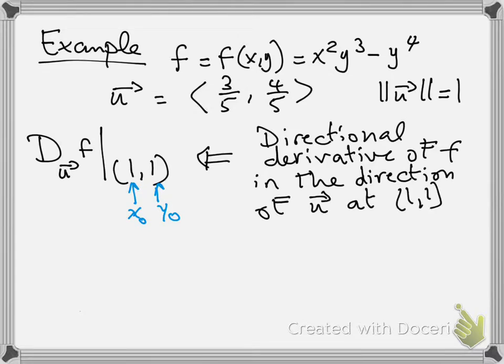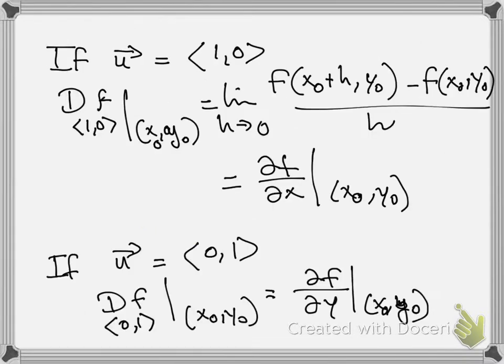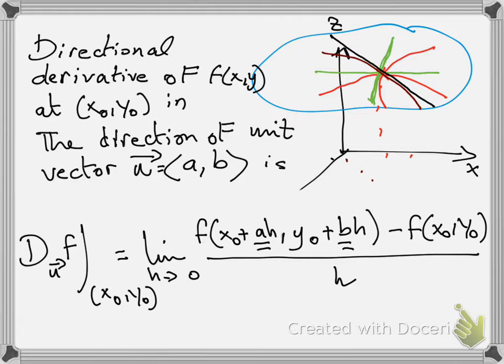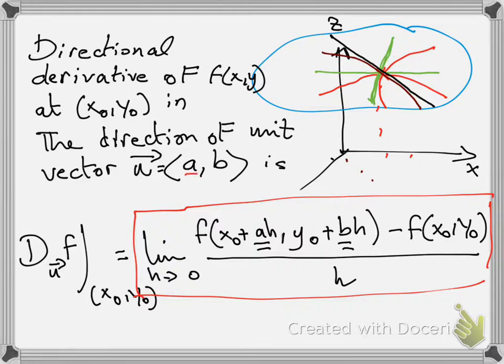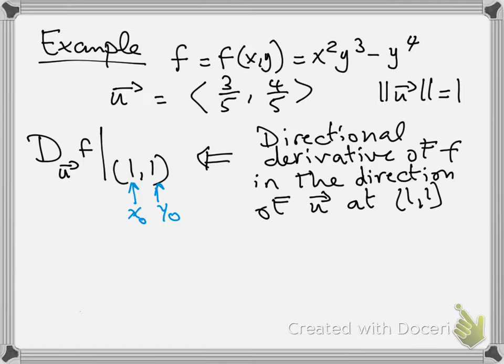Okay, so let's compute this. So what's in the formula? Here's my general formula. So (a, b), that's the coordinates of the vector u, so this would be a and this would be b. And (x0, y0), again, that's just the point, so x0 is 1, y0 is 1. So let's apply now the formula.